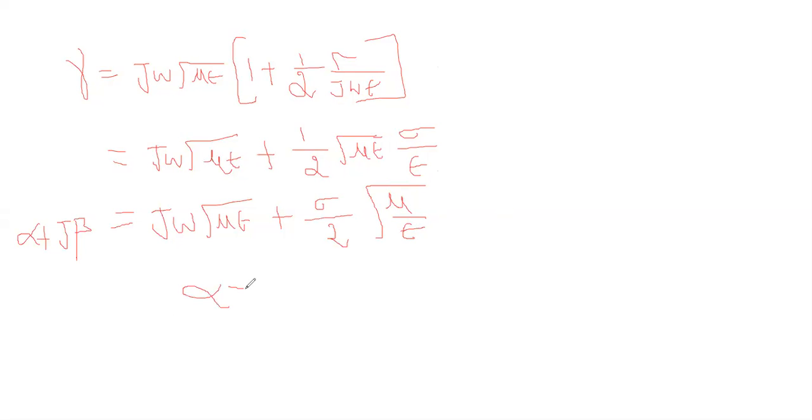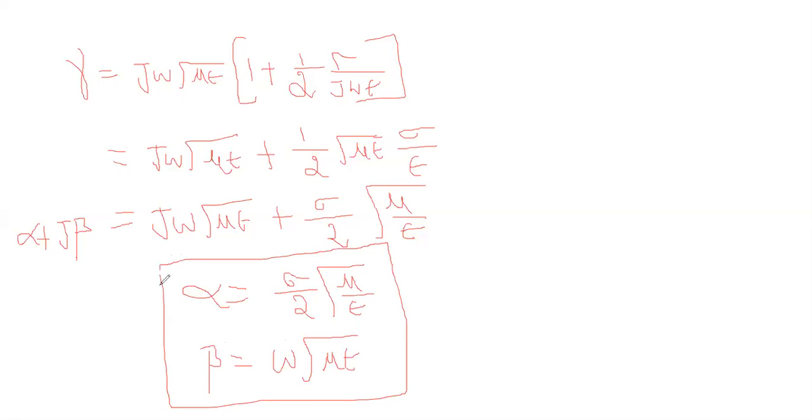Alpha is the real term: sigma by 2 under root of mu by epsilon. Here it is not equal to 0. Even though it is a practical dielectric, sigma is not equal to 0. And beta is the same, whether lossy or lossless dielectric: omega under root of mu epsilon. Alpha is not equal to 0 in the practical dielectric.